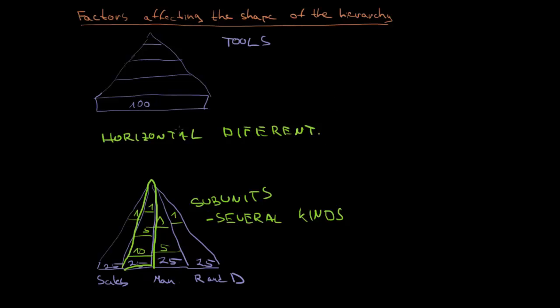And the second idea that is very interesting from my point of view is centralization or decentralization. Let's just imagine why we actually have this kind of pyramid from the point of view of decision making.